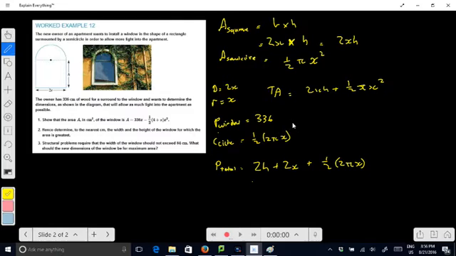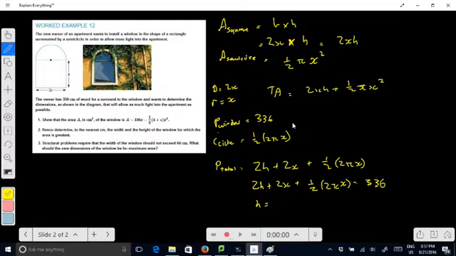So I can say 2h plus 2x plus a half 2 pi x is going to be equal to 336. So if we express that in terms of x, so express h in terms of x.